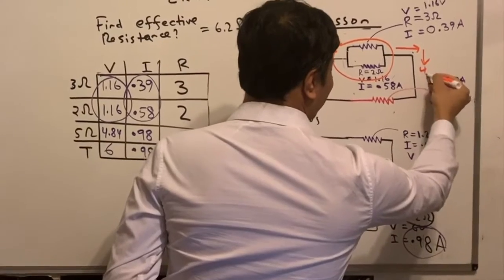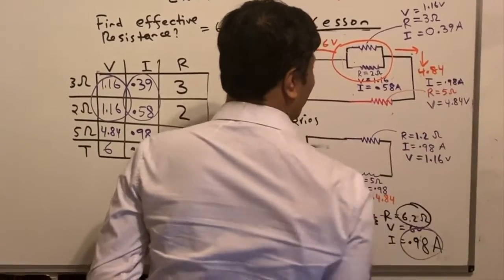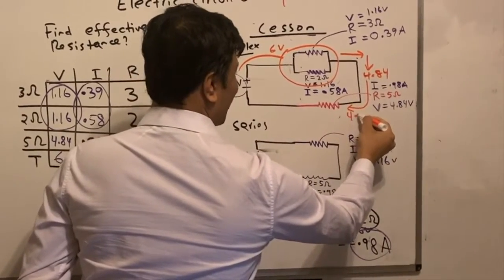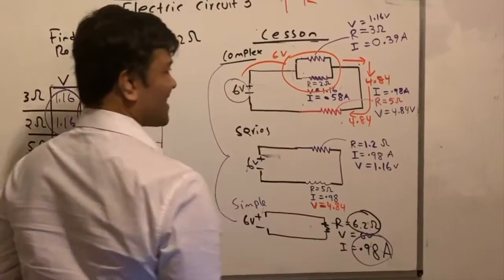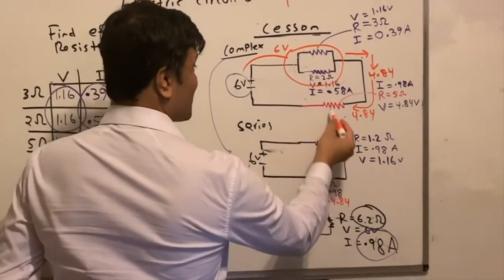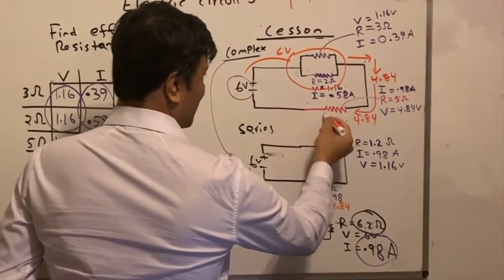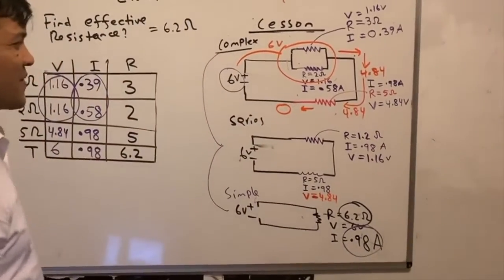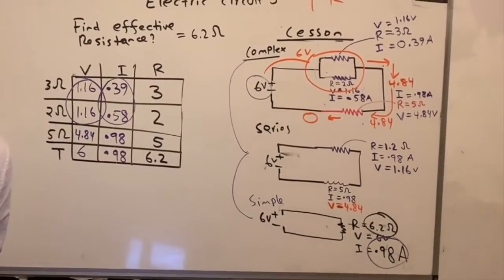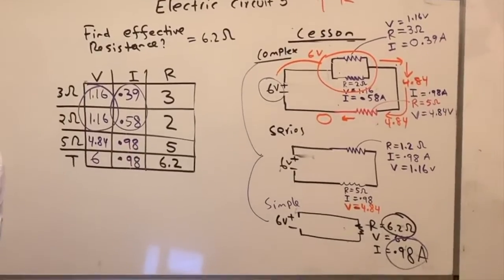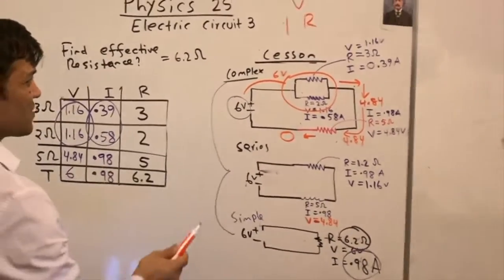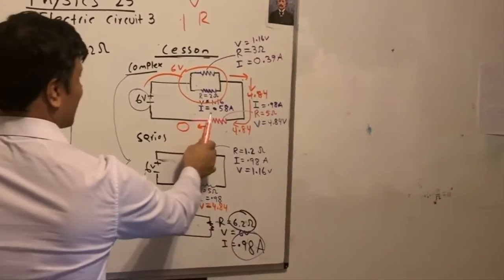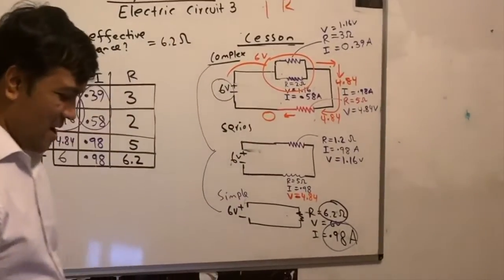It's on the table. And this, guess how much? 4.84. And how much does it release? 0, for it to fuel in the negative charge and then shoot out the positive charge for it to all work out again. So how much voltage drops here? 1.16. And how much voltage drops here? 4.84.